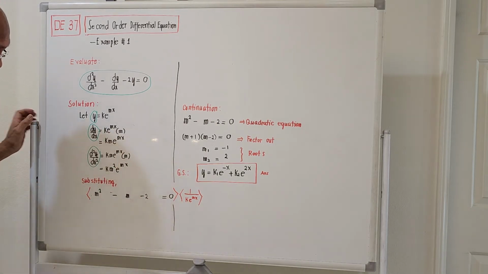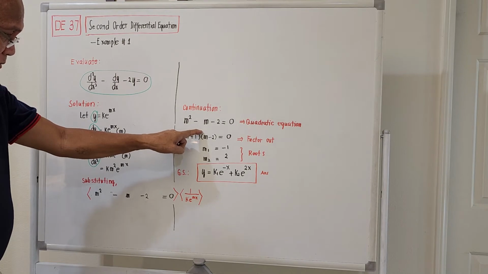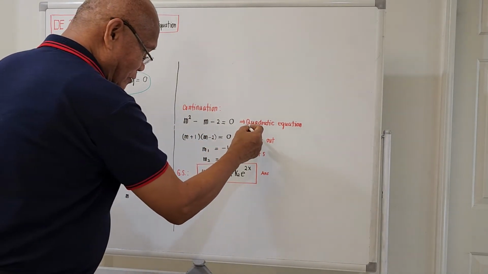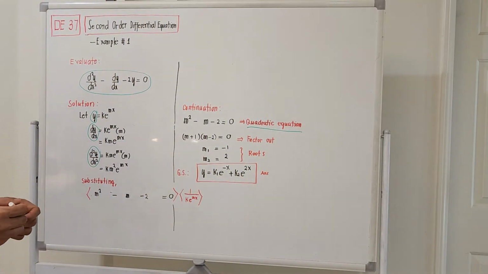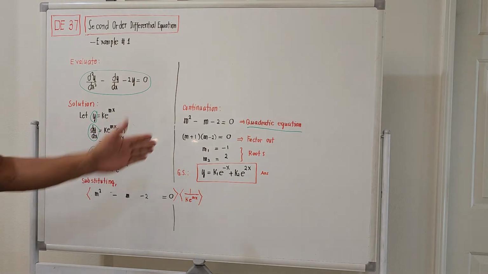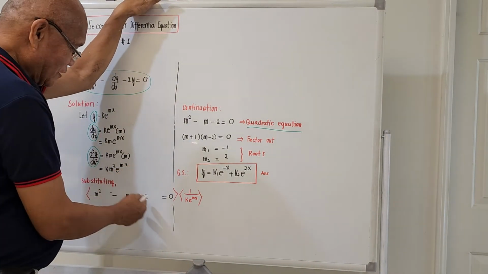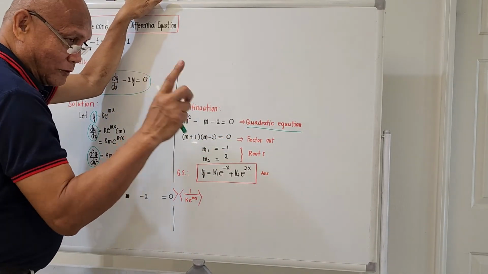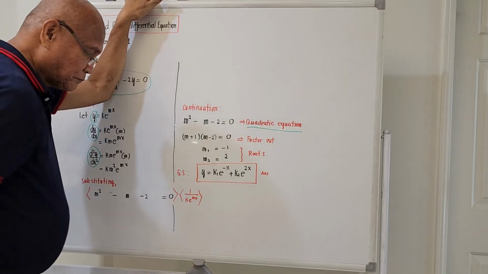So what comes out is m squared minus m minus 2 equal to 0. This is a quadratic equation. This part of the solution is the algebra portion. Upon the expansion, what comes out is a quadratic equation involving m squared: m squared minus m minus 2 equal to 0.